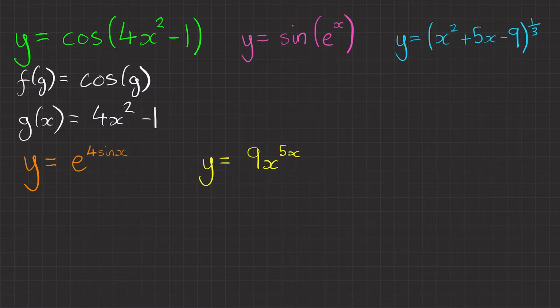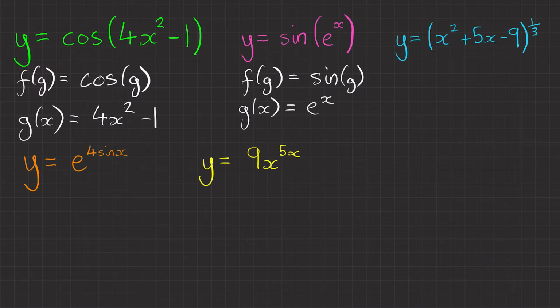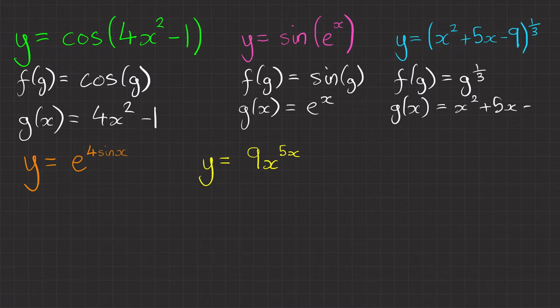The pink one here, we've got y equals sine of e to the x. So our f of g is sine g, and our g of x is e to the x. In blue, we've got y equals x squared plus 5x minus 9 all to the power of a third. So just be a little bit more careful with this one, because this one is all to the power of a third. So we've actually got f of g equals g to the power of a third, and therefore g of x equals x squared plus 5x minus 9.